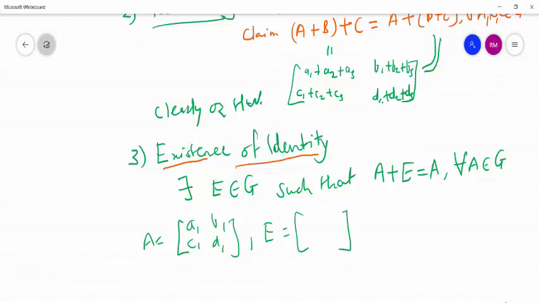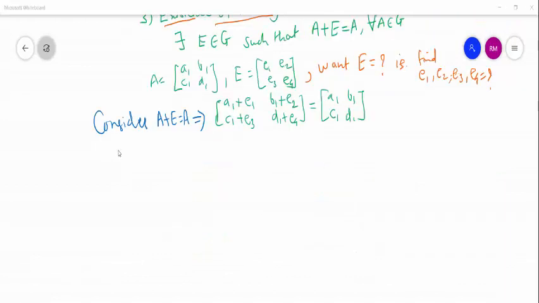Since E is also a matrix, it looks like a 2 by 2 matrix, 4 entries. Suppose these entries are E1, E2, E3, E4. So consider A plus E equal to A. We have to find the value of E, meaning what the values of E1, E2, E3, E4 are.